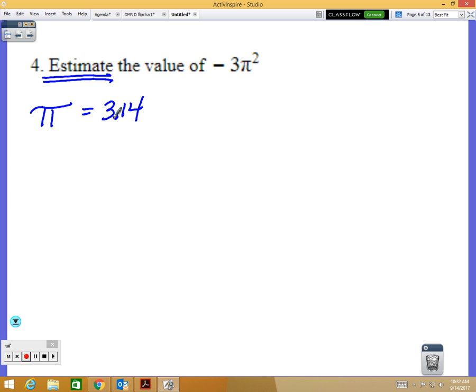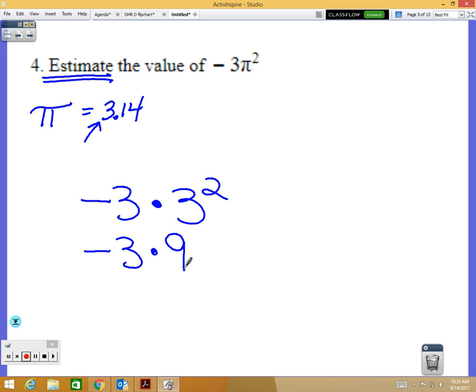But since we're estimating and since we're going to use an exponent, we're just going to use the 3 only, okay? So we're going to estimate negative 3 times 3 to the second power. So again, I'm replacing pi with a 3. I want to do my exponent first. 3 to the second power is 9. And negative 3 times 9 is negative 27.